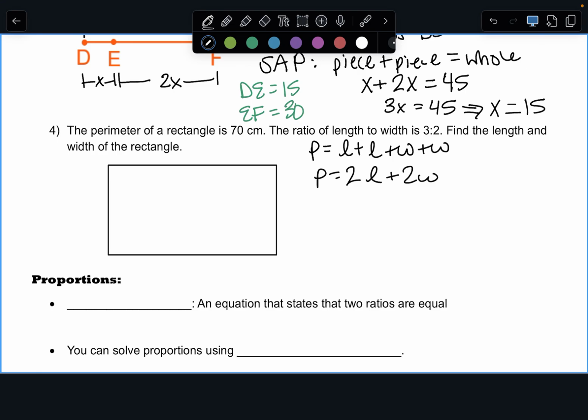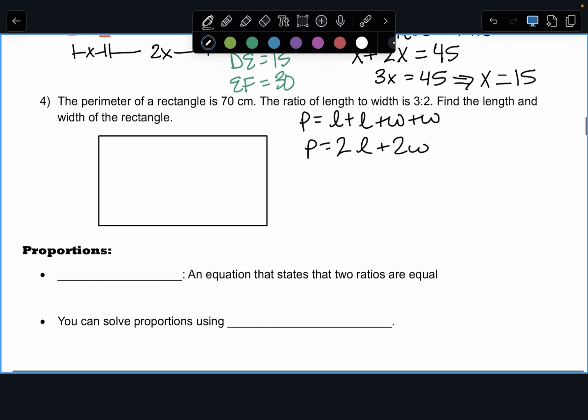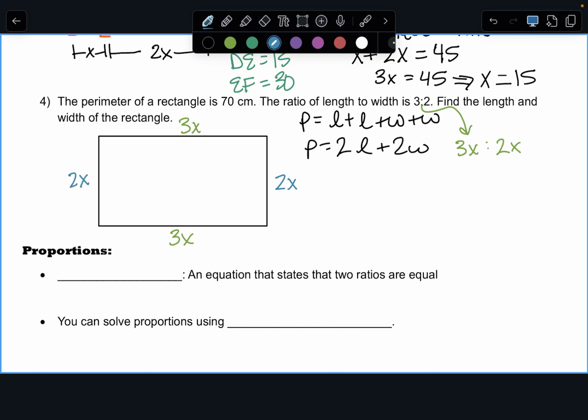It then says the ratio of length to width is 3 to 2. Well, if we go back to what we did here, our 1 to 2 ratio turned into 1x and 2x. So our 3 to 2 ratio, what should we turn this into? 3x and 2x. So the length, I'm going to represent as 3x. And the width, I'm going to represent as 2x.